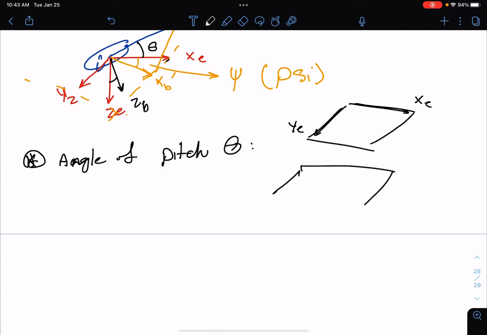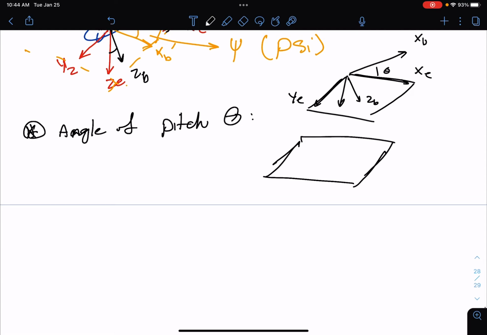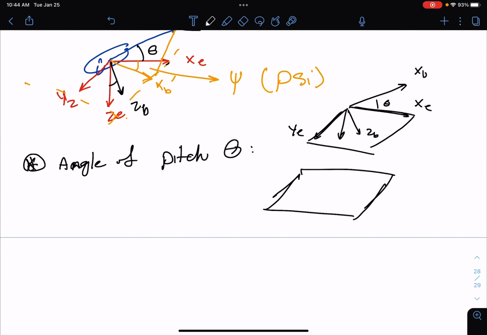The surface of the earth has the same plane, so these two are going to be parallel. And XB is going to make this angle. You can make the same argument as, what was your name? Jackson. As Jackson made. It's going to be the same angle. Of course, the direction may be different. That's why we use the plane, not this XE.